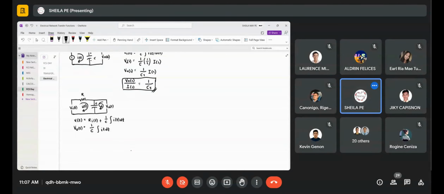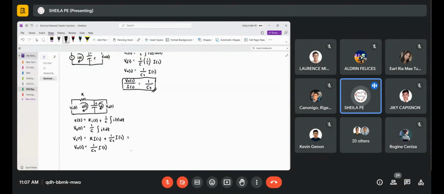It's just the capacitor. So getting the Laplace transform of our input and output: for our input, that's V I of S, which is R I of S plus 1 over CS I of S. And for our V output, it's just 1 over CS I of S.